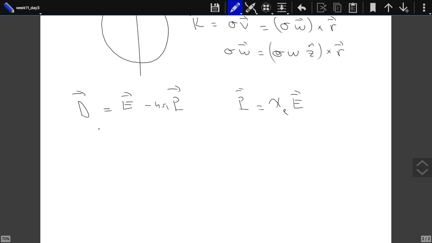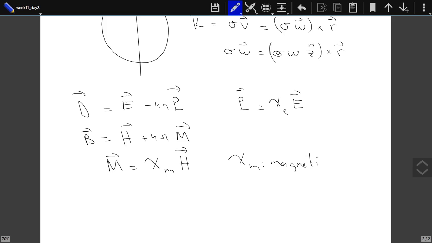So in our case, we have B is equal to H plus 4 pi M. And we will say that M is equal to magnetic susceptibility times this H field, the magnetic field intensity, chi M this time, the magnetic susceptibility.